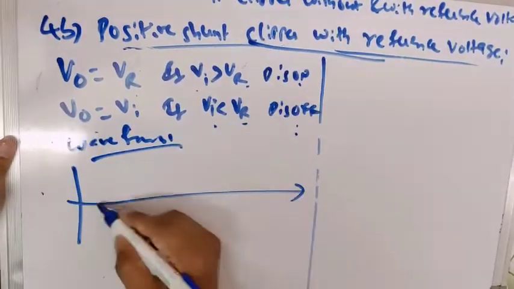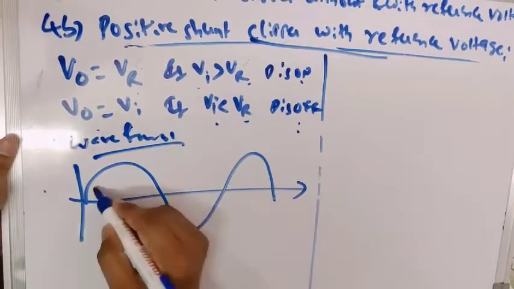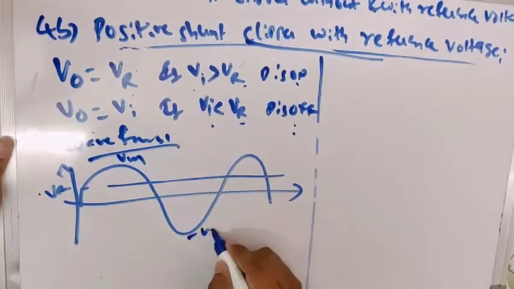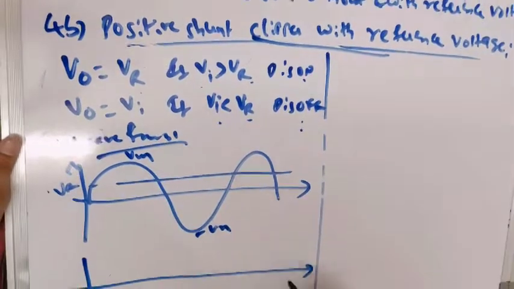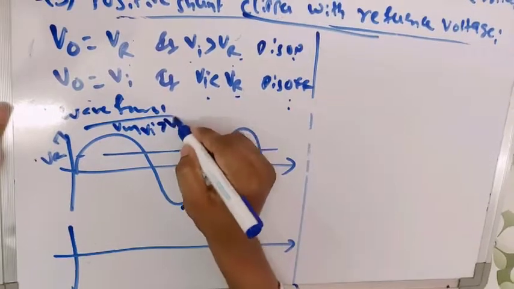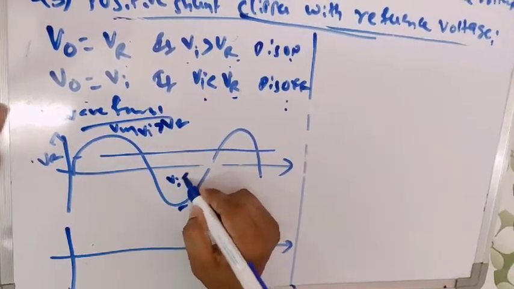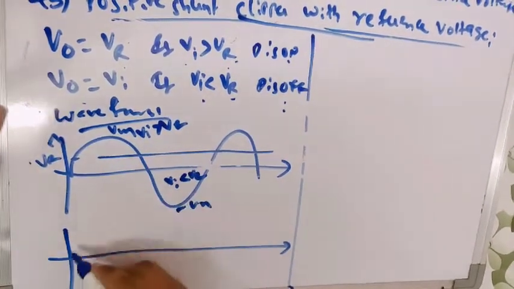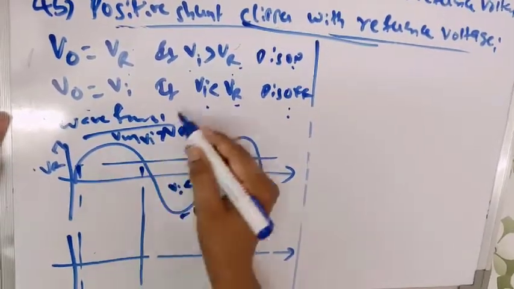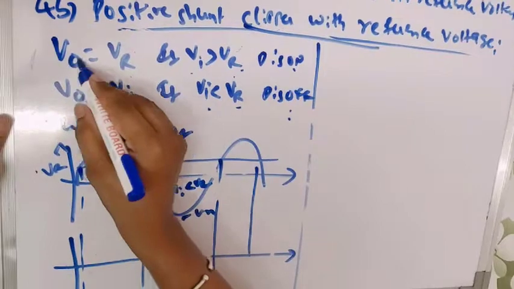The input waveform is a sinusoidal signal. Let us consider the reference voltage is VR here. The peak to peak voltage is from Vm to minus Vm. Now we have the two cases here: the input voltage Vi is greater than the reference voltage, and the input voltage is less than the reference voltage. When the input is greater than the reference voltage, the output will be restricted to VR.